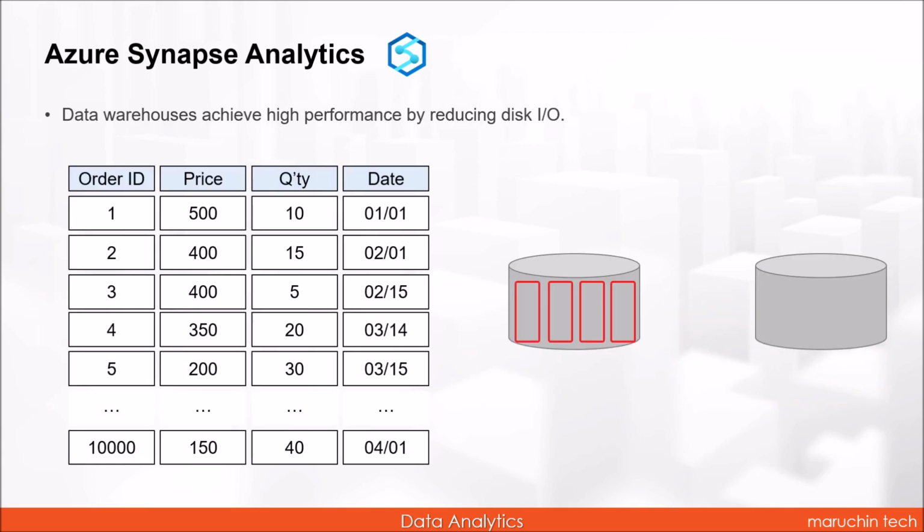I will introduce column-oriented storage. In general, disk input and output, disk I/O, accounts for 60 to 80% of the processing time in a database search operation. Therefore, the data warehouse achieves high performance by reducing disk I/O.